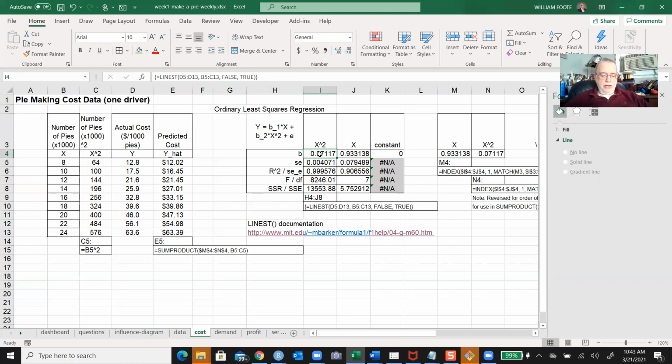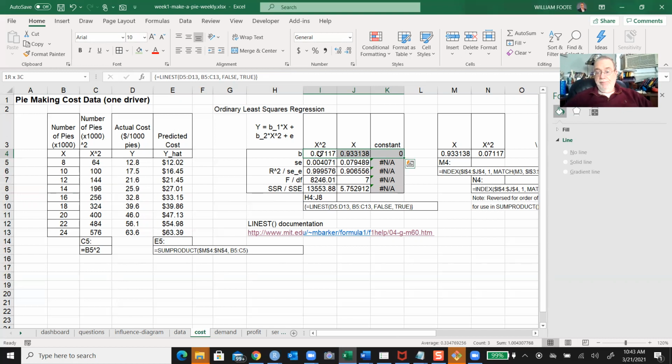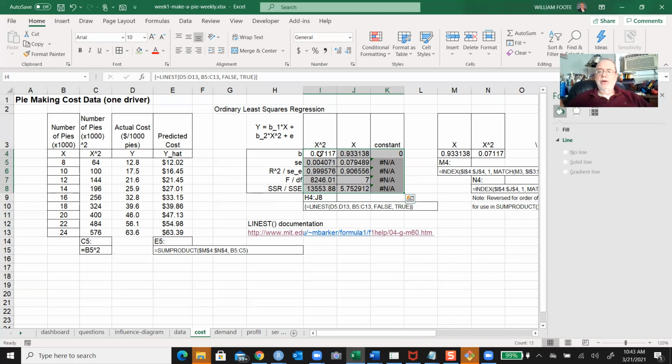Now watch, I'm using Shift, and I have to go over all the way, including the constant, which is 0, and all those NAs occur because it's not really enacted, but it is present in the output as 0. And again, using Shift down arrow, cover this area and just this area. And if you don't, you're going to get value errors, you're going to get weird results.